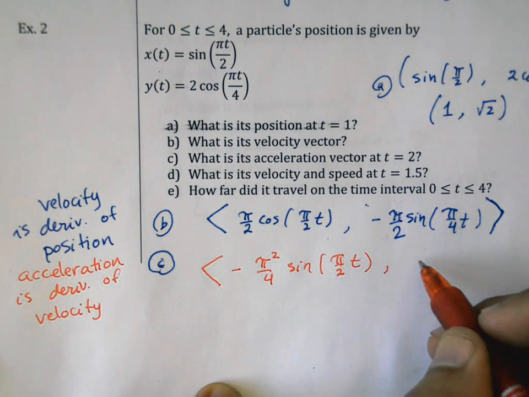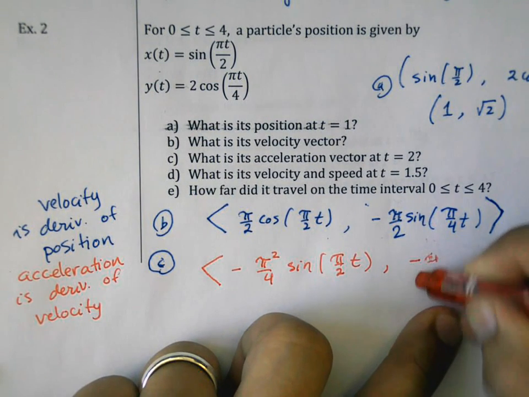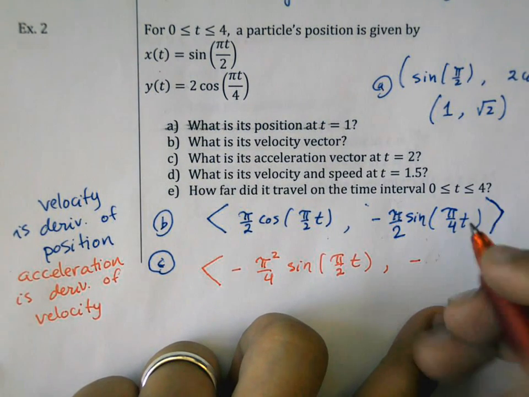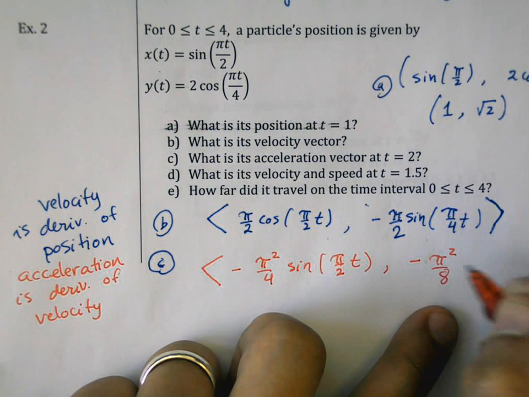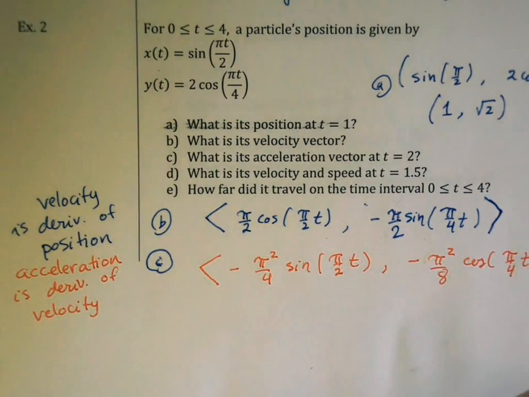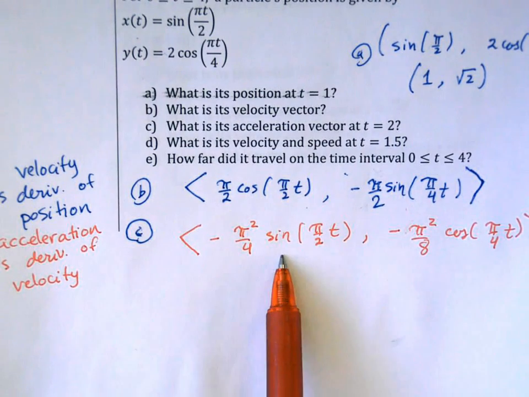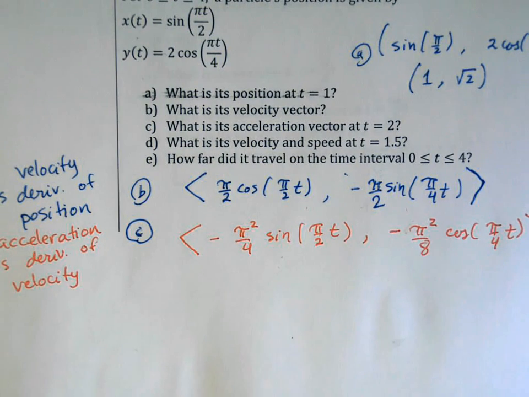And here we are going to get negative pi squared over 8 cosine of pi over 4 t. And again, this vector gives us the acceleration. Acceleration, much like velocity, also has direction. You accelerate in the x direction and in the y direction.